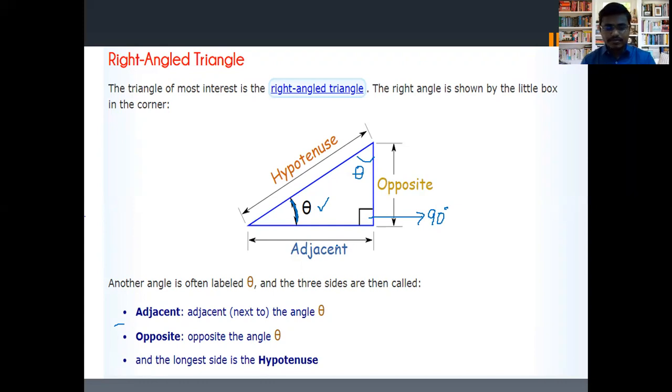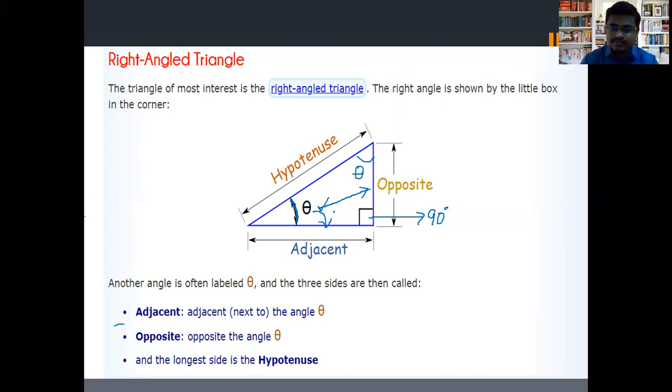So how to remember this? It's very easy to remember, trust me. Let's say this is the angle; the side opposite to this angle we call the opposite side of the triangle, and the side next to the angle is called the adjacent side.